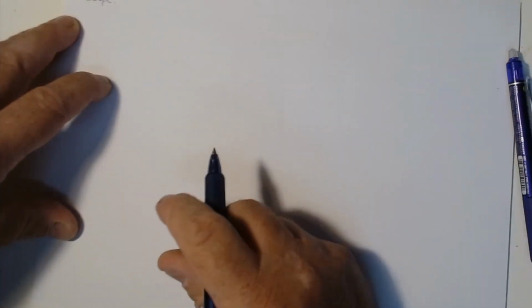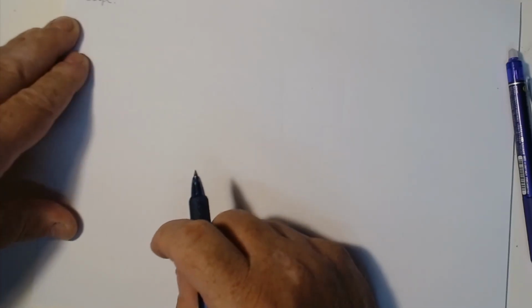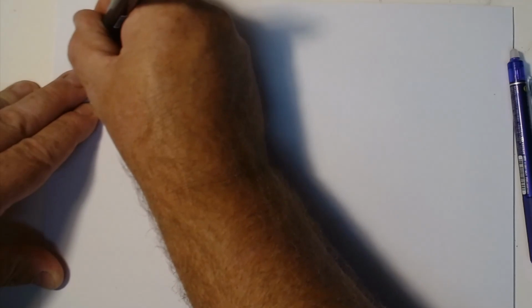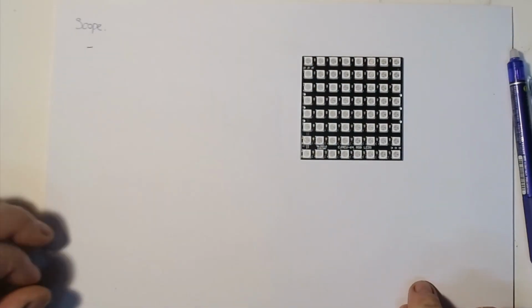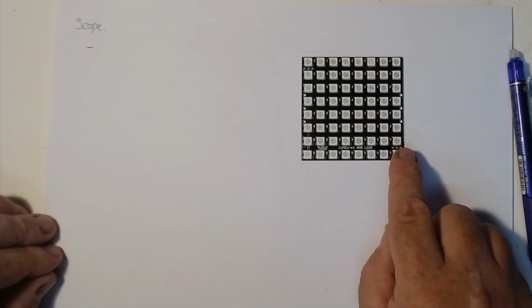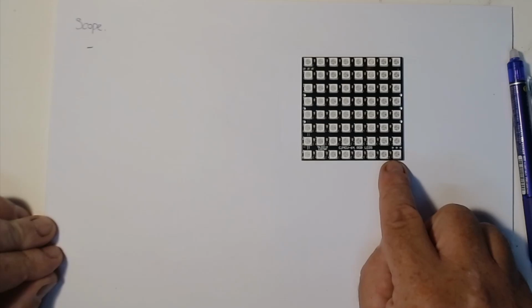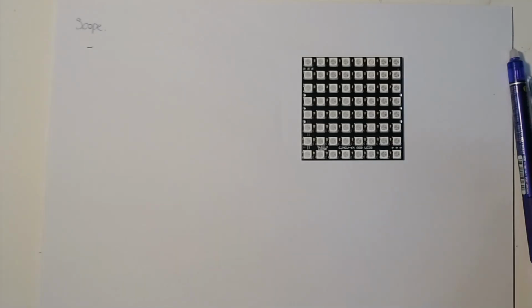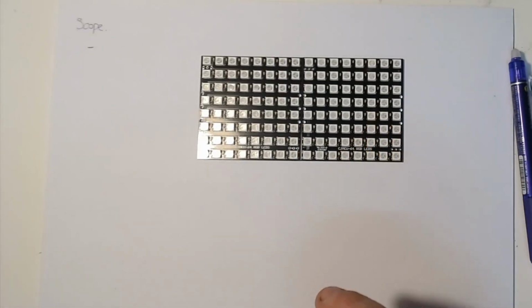Okay, so step one, we're going to define a scope. So our scope is all of the things that we want this to do. So we want to have a matrix display. In my case, I'm going to be using these boards, which have a series of programmable LEDs, sometimes generically called neopixels. These ones are a WS2812B, and I want to build them up into an array.